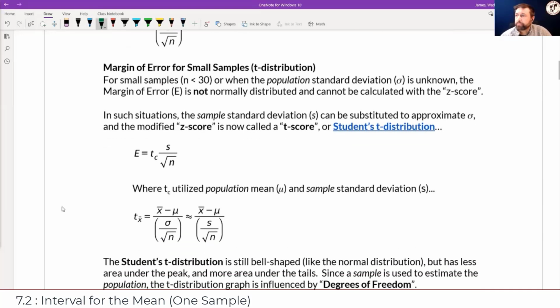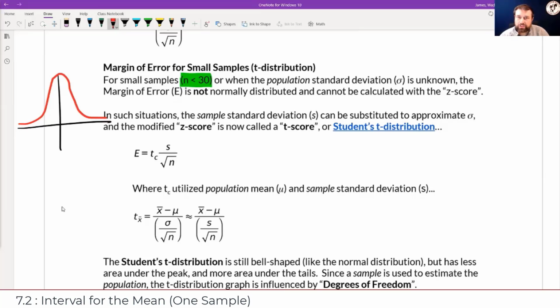The tough part is when you have a small sample where the number of items in your sample is less than 30. Now, when you have a sample that is less than 30, it's not normally distributed. You can't say it's normally distributed. You can't say that the sample mean is normally distributed. Instead, what happens is you get something like this. So if I were to draw a graph, and let's say this red line is the standard normal distribution, okay?